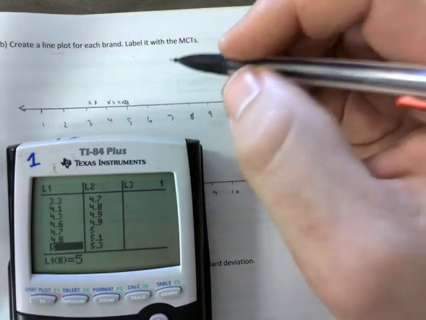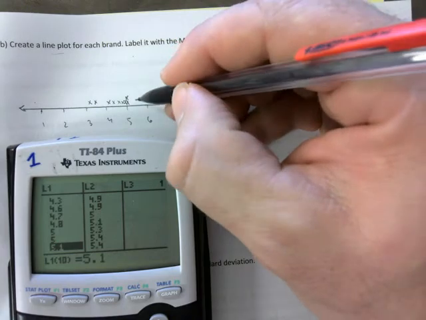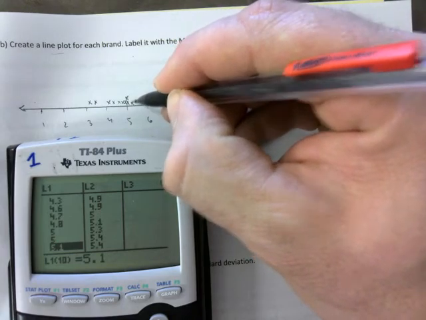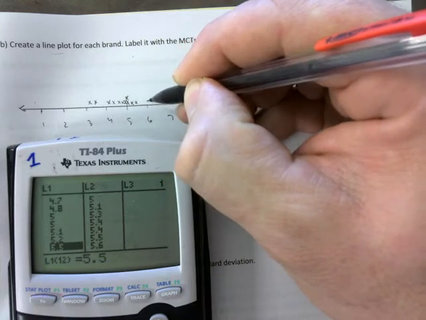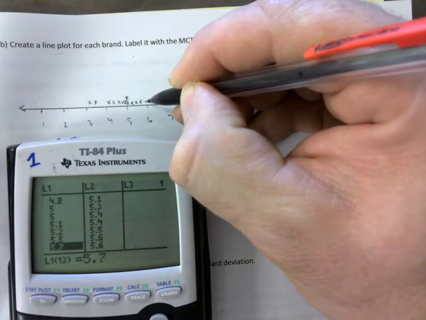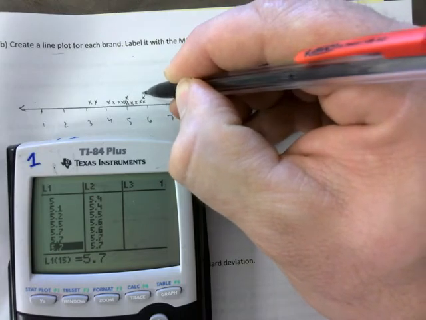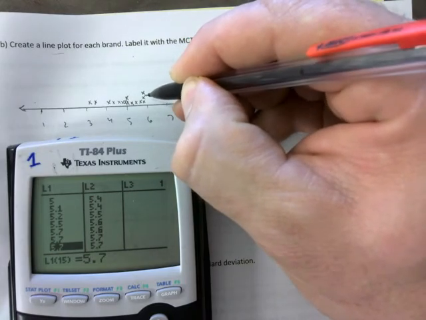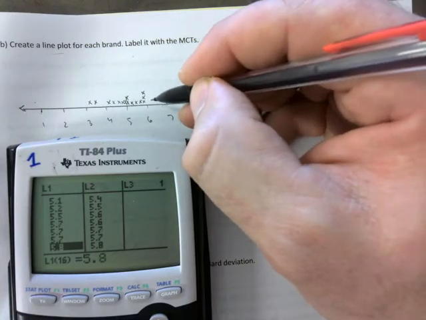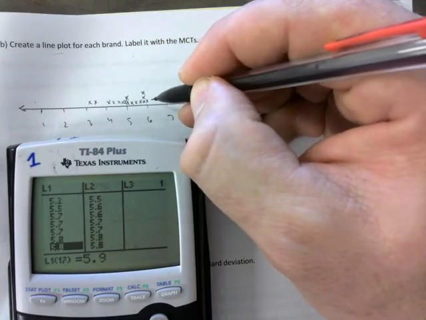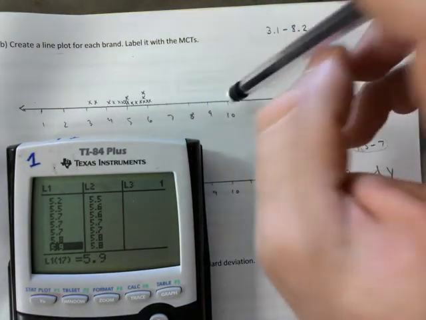That's okay. 5, another 5, a 5.1, a 5.2, 5.5, 5.7, 5.7, 5.7. I should be able to see clearly that there are 3 5.7s there. 5.8, 5.9. Oh, it's a little bit crowded.